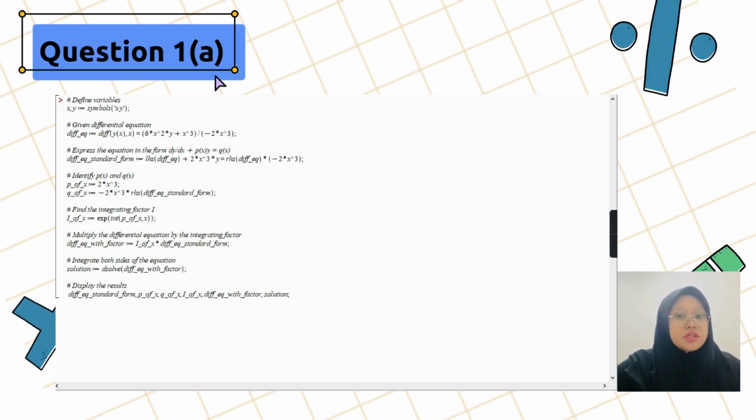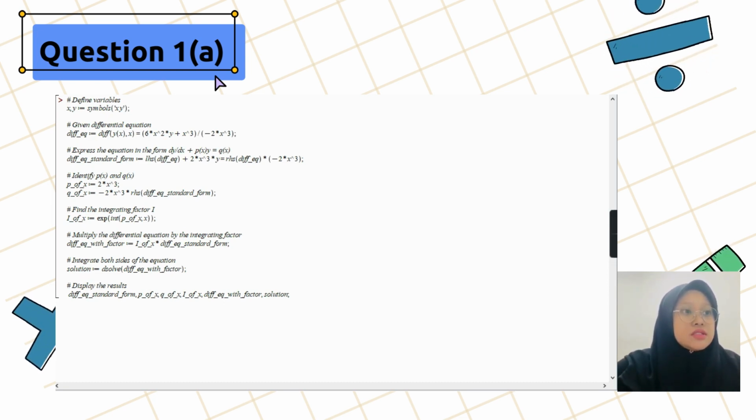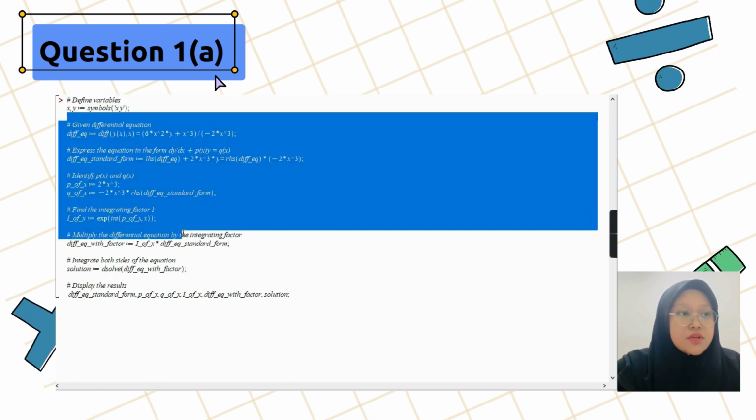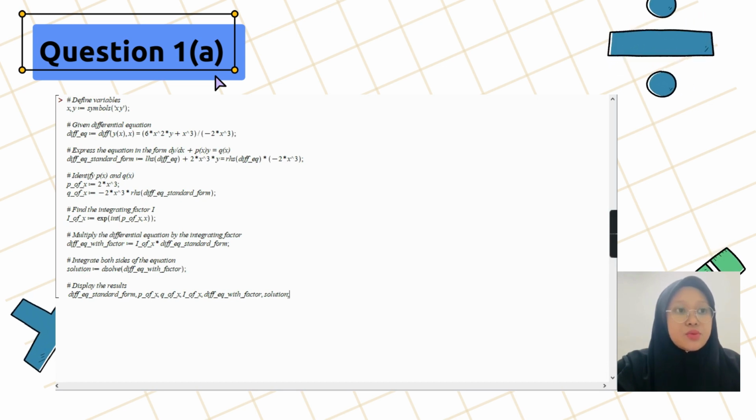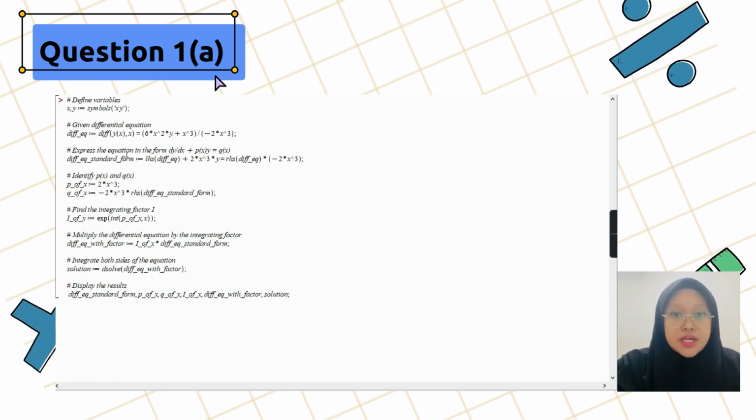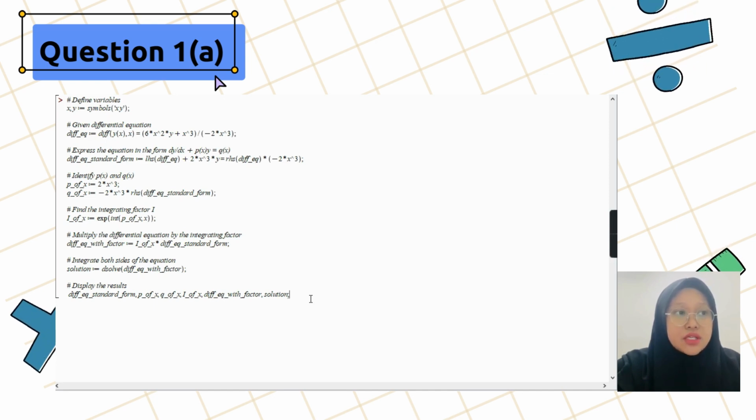Okay, for the linear equation, this is the Maple coding that we use for the simulation. First, we need to define the variable with the given differential equation, and then express the equation in the form dy over dx plus p(x)y equal to q(x), and then identify p(x) and q(x).